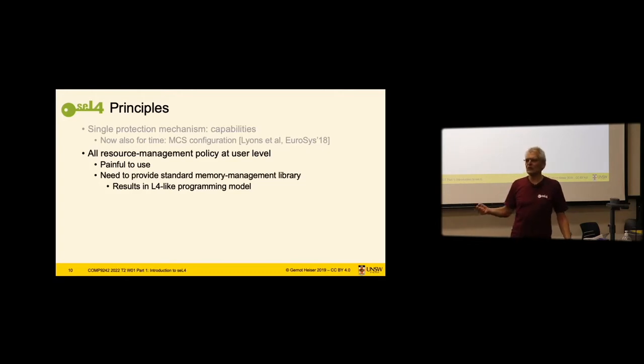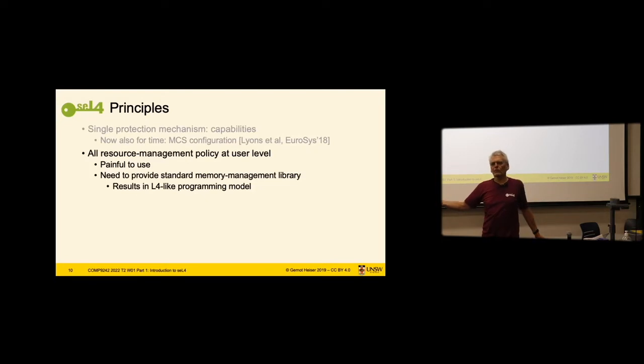Then LRU means you always throw out the block you're going to need next. So it's really the worst possible policy. And that's typical for policies, right? They're a bit like heuristics, if you like. They're designed to serve a large class of use cases well. It's probably not perfect for any of them, or at least not for very many. And then there's always some that are outside, which are really poorly served.